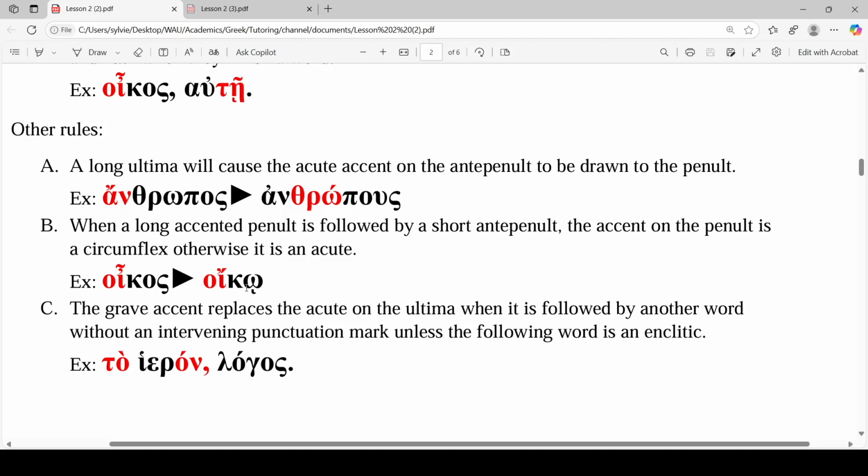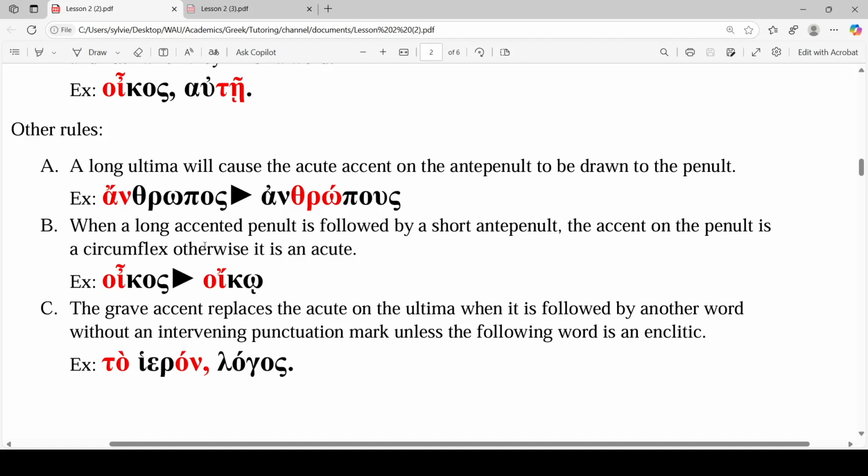That means that once the ultima becomes a long syllable, the circumflex accent yields to the acute accent, is replaced by the acute accent. That's the rule. You cannot have in a word both the penult and the ultima being long syllables and a circumflex accent on the penult.